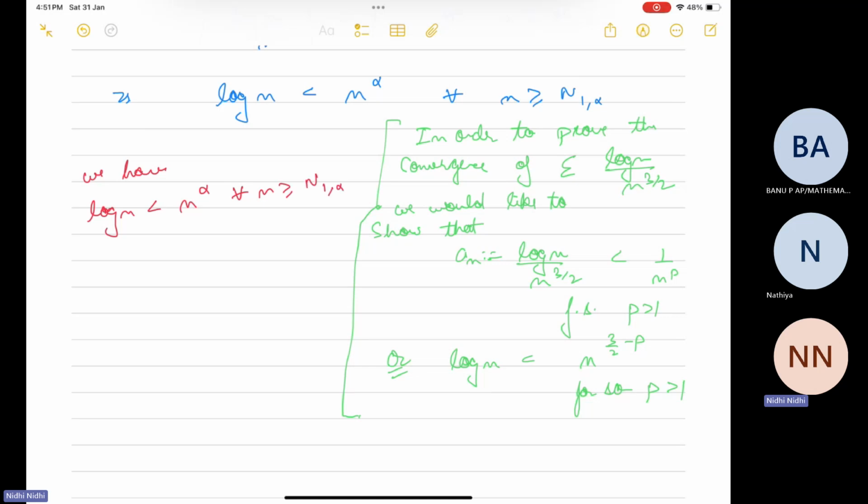That means we want n to the power alpha to be less than n to the power 3 by 2 minus p for some p greater than 1.